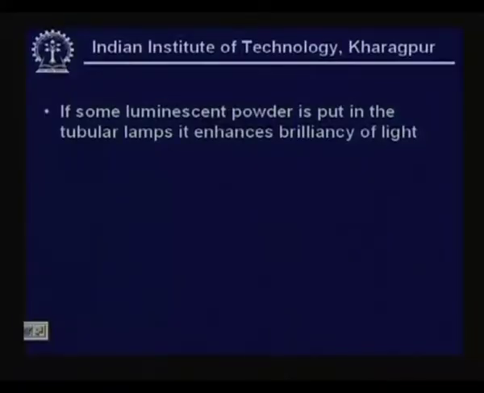Therefore if energy or power consumption is the issue, one could replace the incandescent lamp by a mercury vapor lamp, because the mercury vapor lamp has higher efficacy compared to the incandescent lamp. If some luminescent powder is put in the tubular lamp, it enhances the brilliancy of light. That is what we have seen.